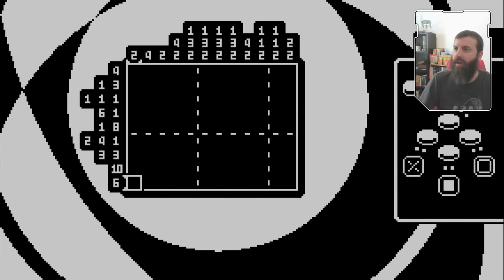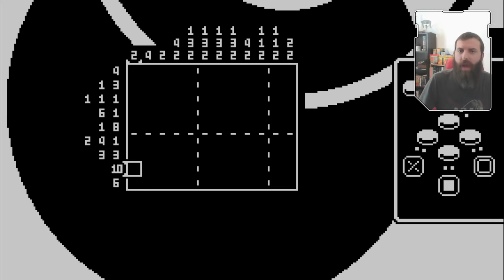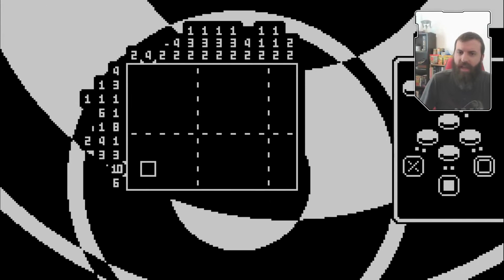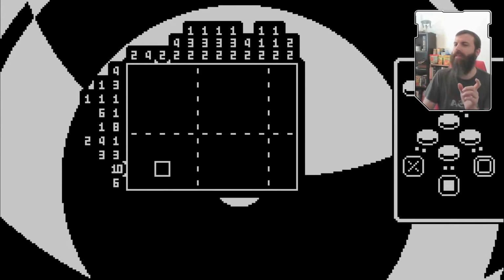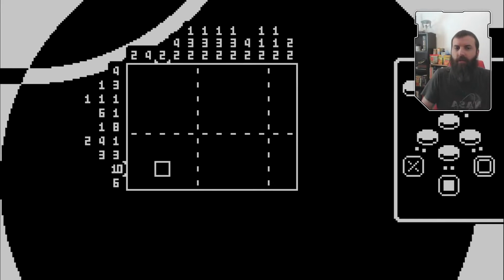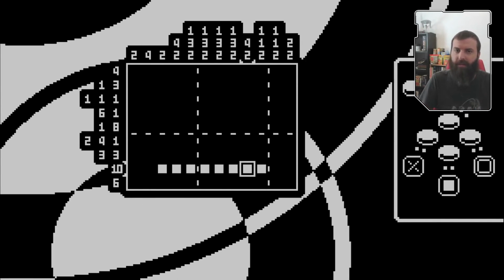This is Nonogram 26. Right off the bat, looking for ones that are mostly filled in, we see this 10. So if it's 10 pixels wide, that means that there's only 2 pixels of wiggle room on here, so we know that all this has to be filled in.